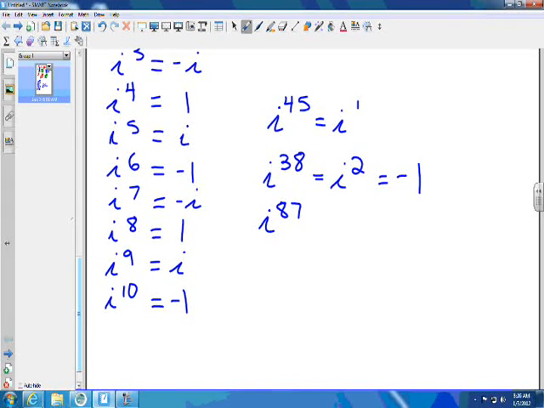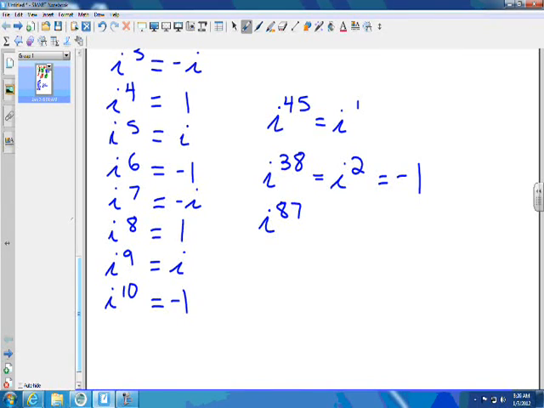But i to the 87. So we're going to 87. How are you going to figure these out each time, especially if it's a big number and you don't know your multiples of 4? What do you need to do? Use your calculator and do what? 87 divided by 4. That doesn't work. 86 divided by 4.